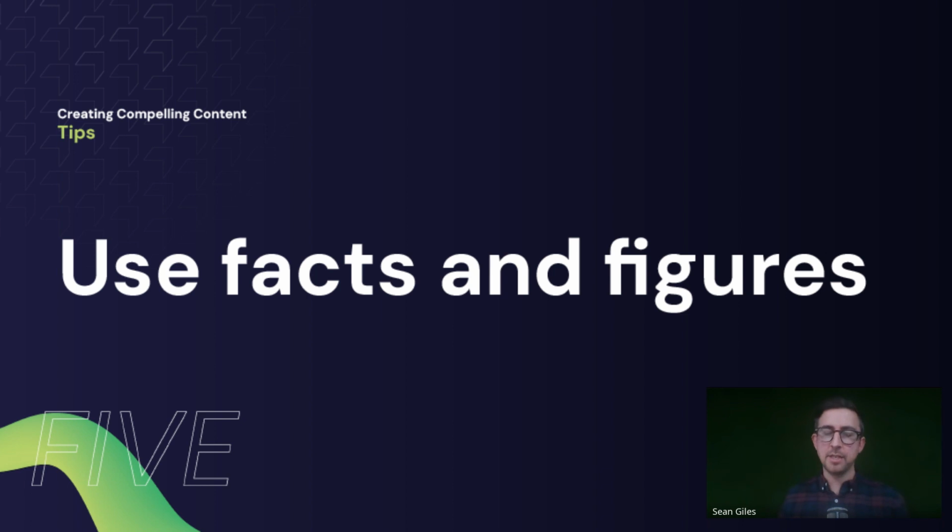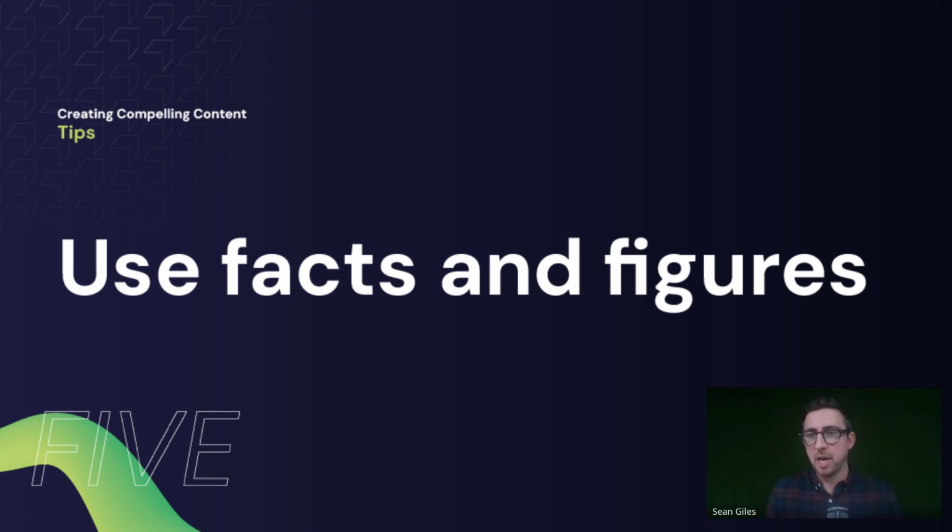Using facts and figures. So like I say, if you can intersperse your content with more hard evidence, like talking about increasing by X% or reducing work time by X%, whatever that might be, or the delivery is X% faster than anyone else, or X times faster, or how that actually looks.